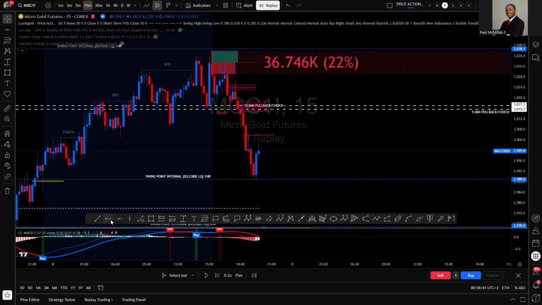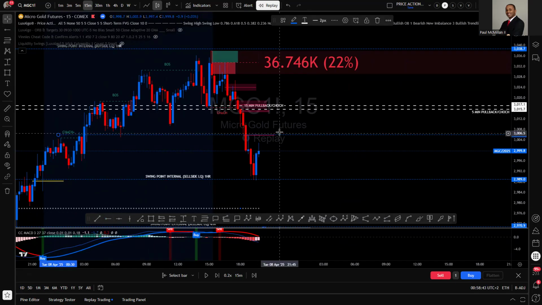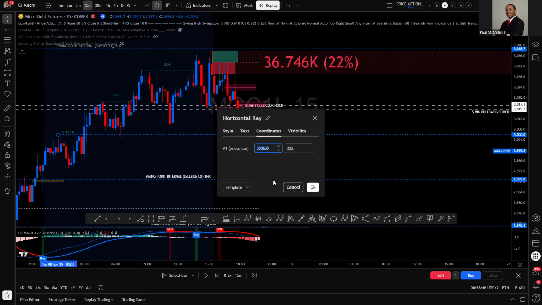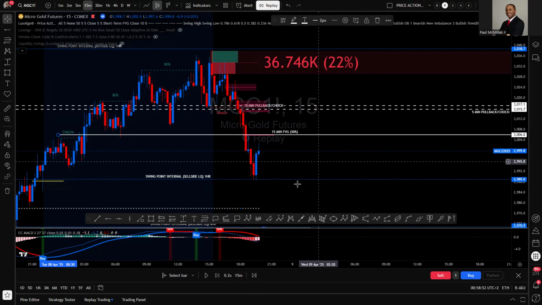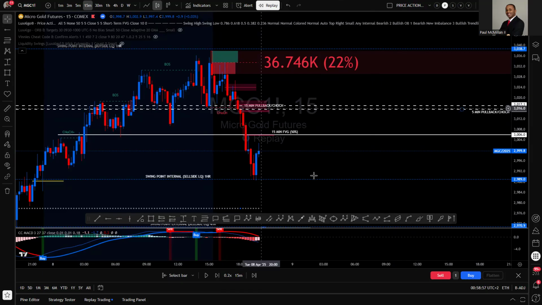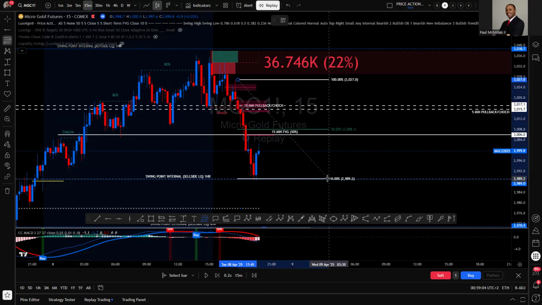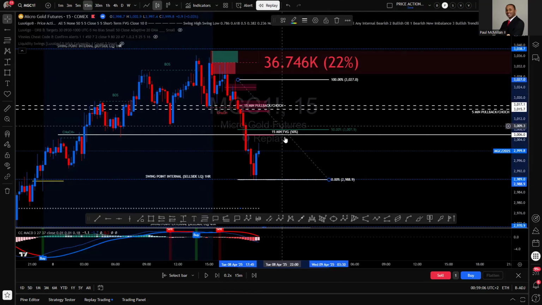Draw a 15-minute fair value gap here. This has a balance to trade up to 50%. And of course, if we take our fib from this high to this low, it's close to the 50%.